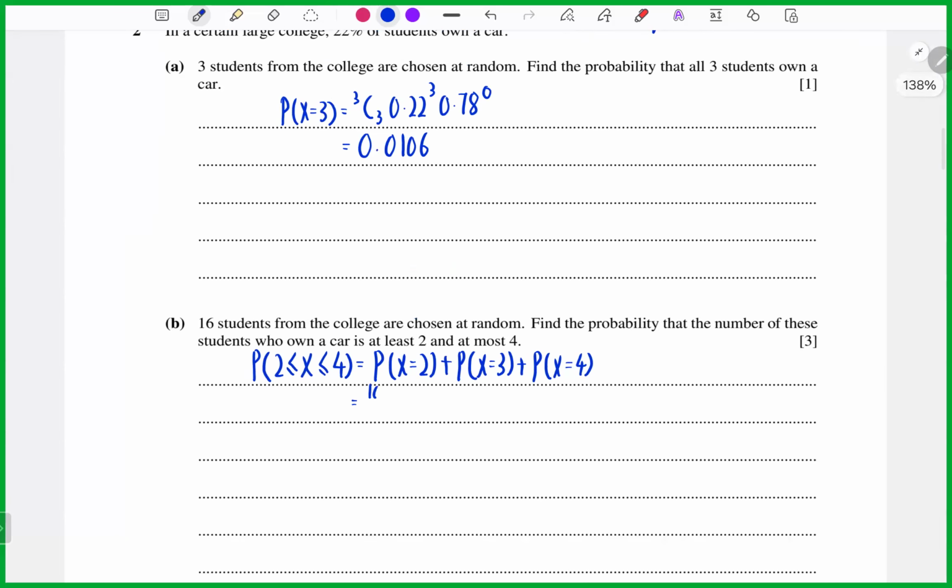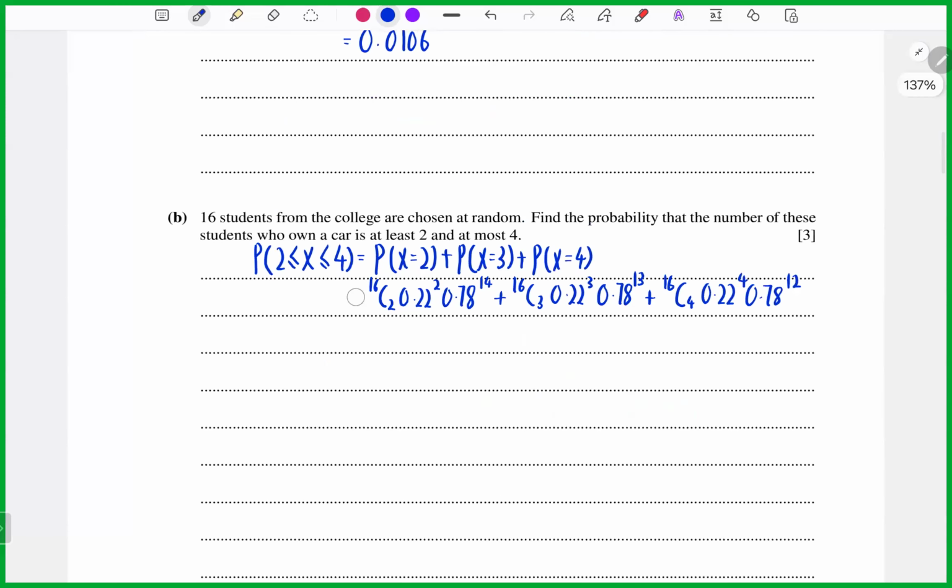We can write 16C2, 0.22 power 2, 0.78 power 14, plus 16C3, 0.22 power 3, 0.78 power 13, plus 16C4, 0.22 power 4, 0.78 power 12. So you can use your calculator to find it out.